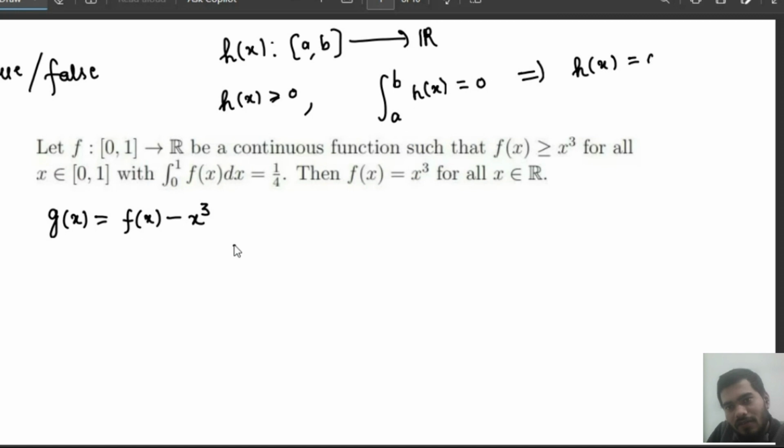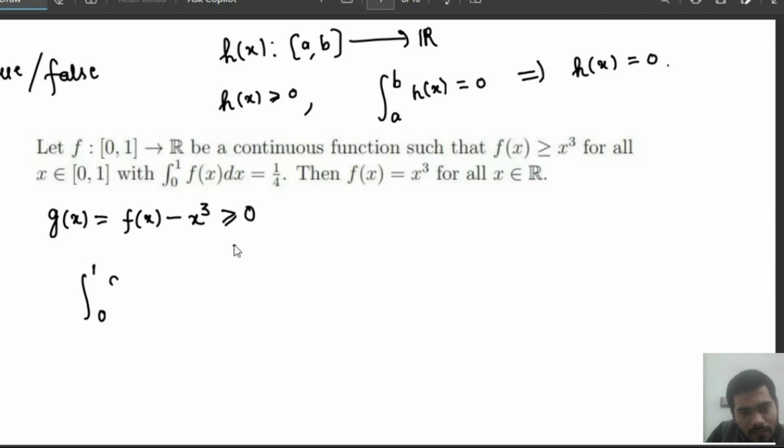This is a standard problem in analysis, in Riemann integration, so we will apply it. Let us take g(x) as this. Then, because of the given condition, g(x) is greater than or equal to 0, right?